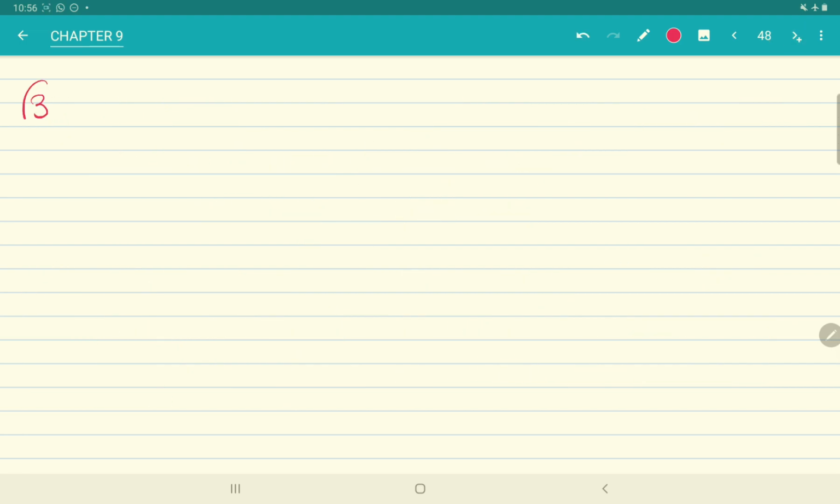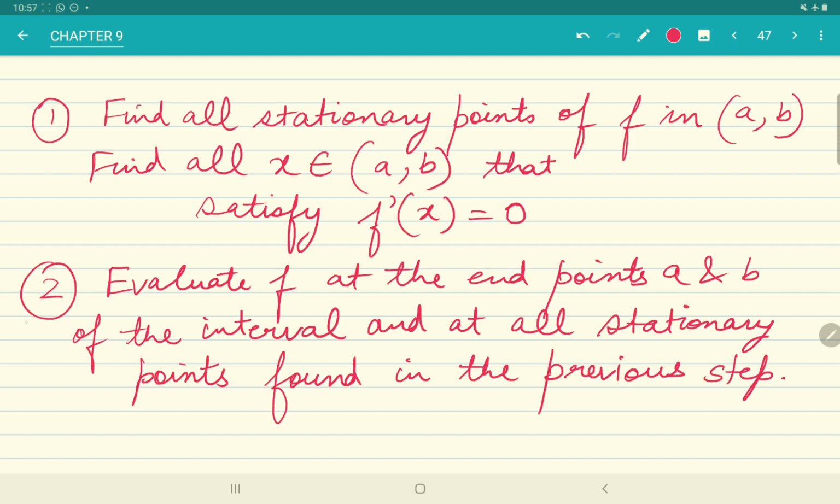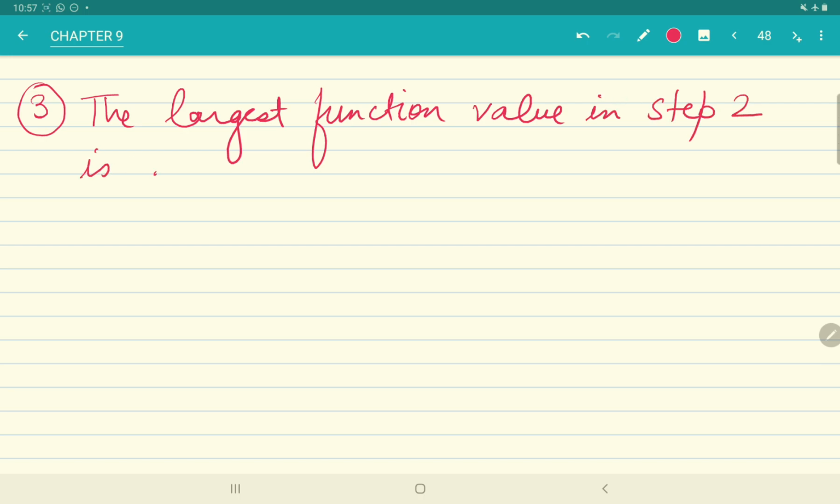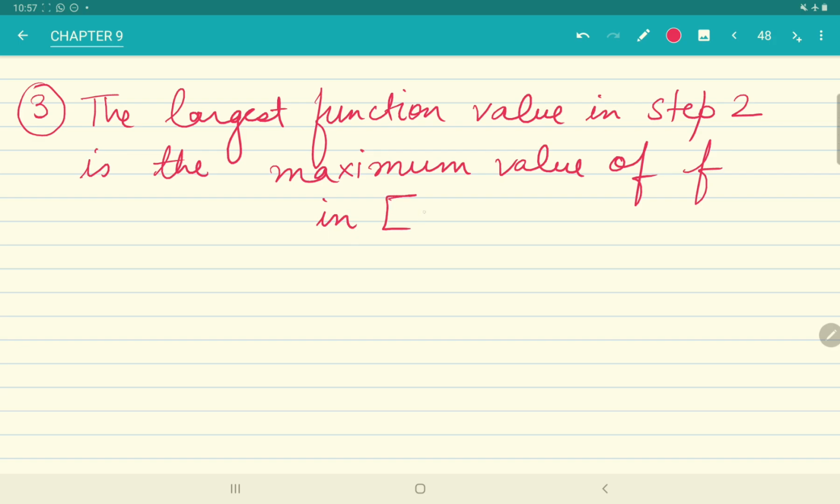And the third point to note is that the largest function value we find in step 2 is the maximum value of f in AB.